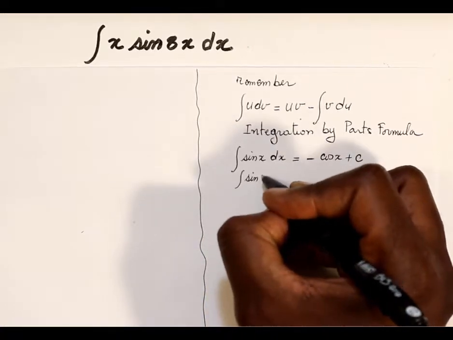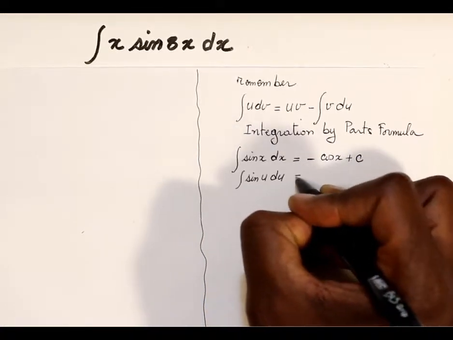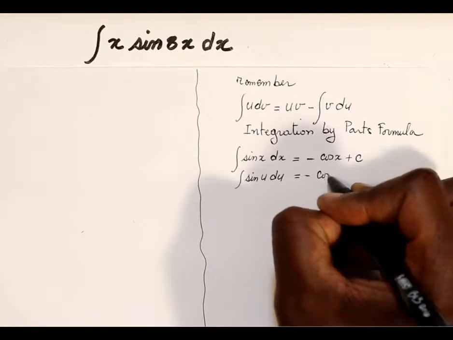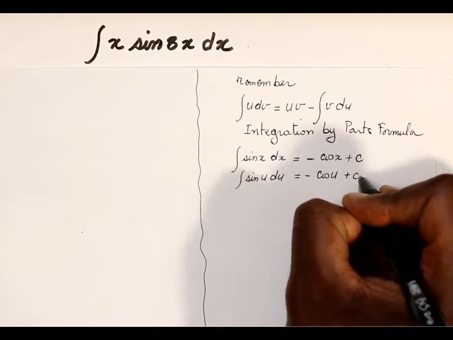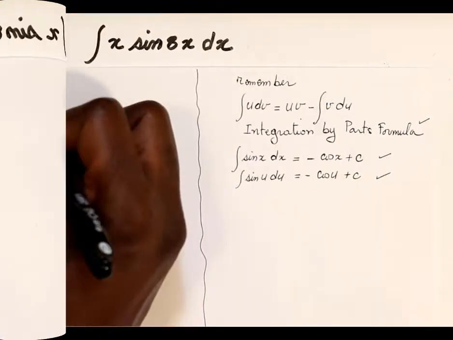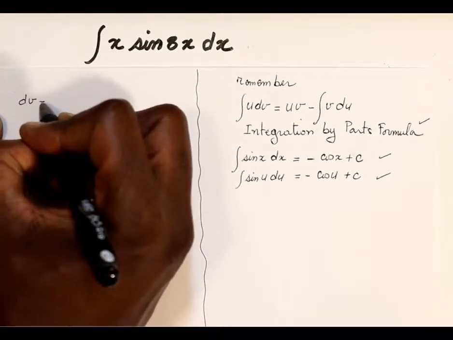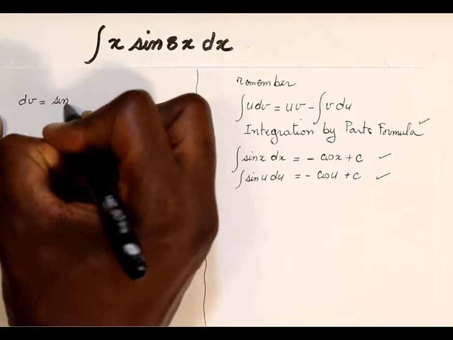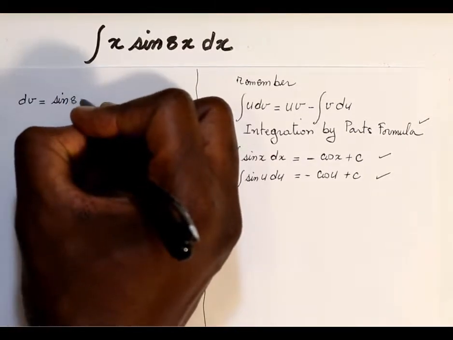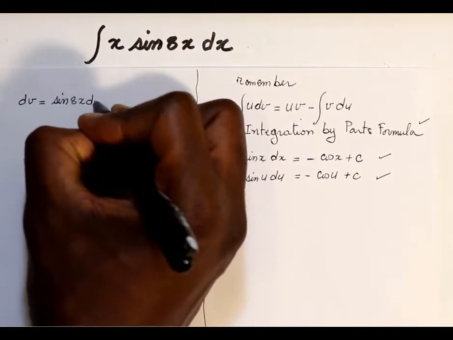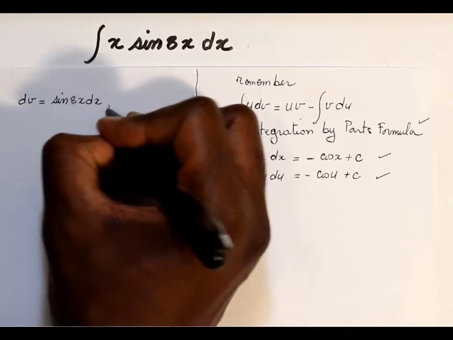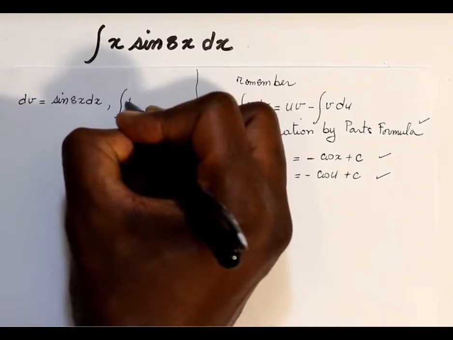Similarly, if it's a composite function, the integral of sine u du is equal to negative cosine u plus c.